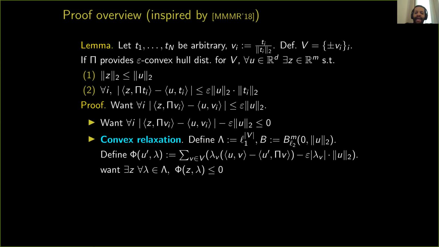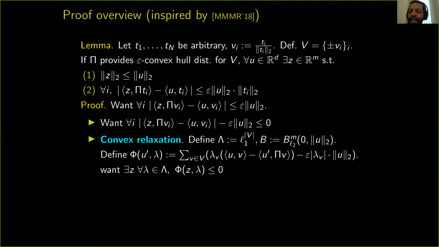The thing I want you to take away from this is, consider the case where lambda is the vector that has a 1 on the Vi-th coordinate and a 0 everywhere else. This lambda has unit L1 norm, right?